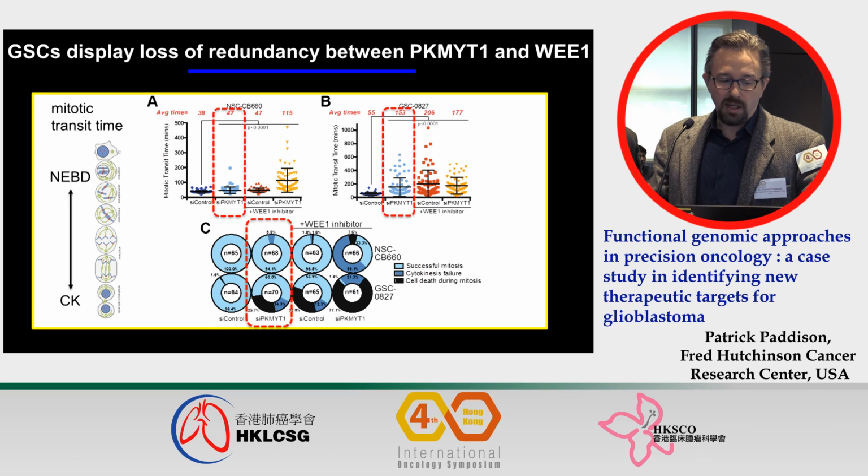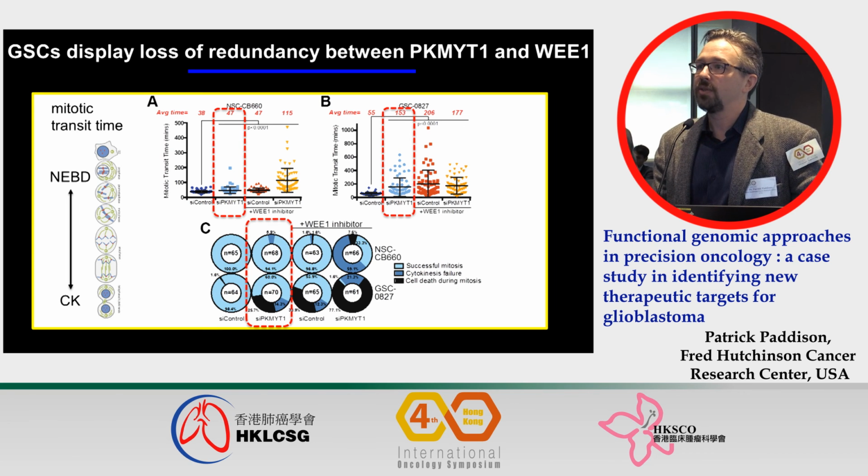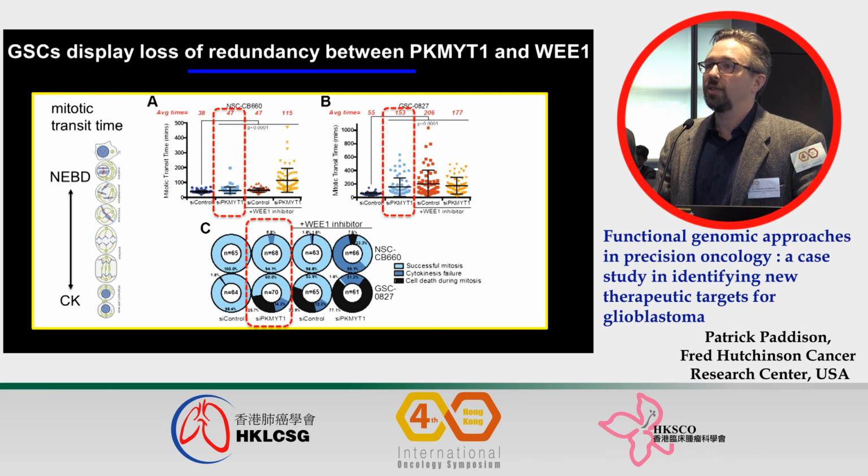vulnerability. And that data is actually shown here, where we are using the same WEE1 inhibitor that Stephanie was just referring to, and we're examining the transit time through mitosis. In our neural progenitor cells, we see that knocking out MYT1 confers very little change in transit time, and similarly with WEE1 inhibitor, but together they dramatically pile up in mitosis.